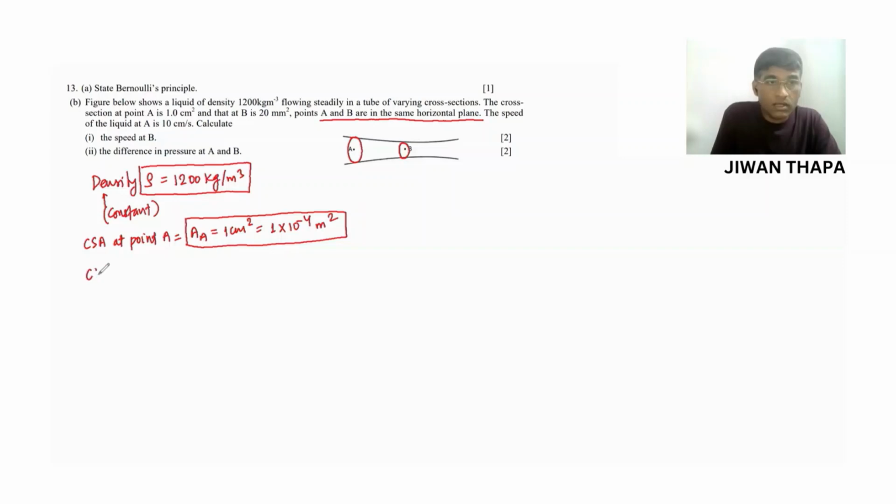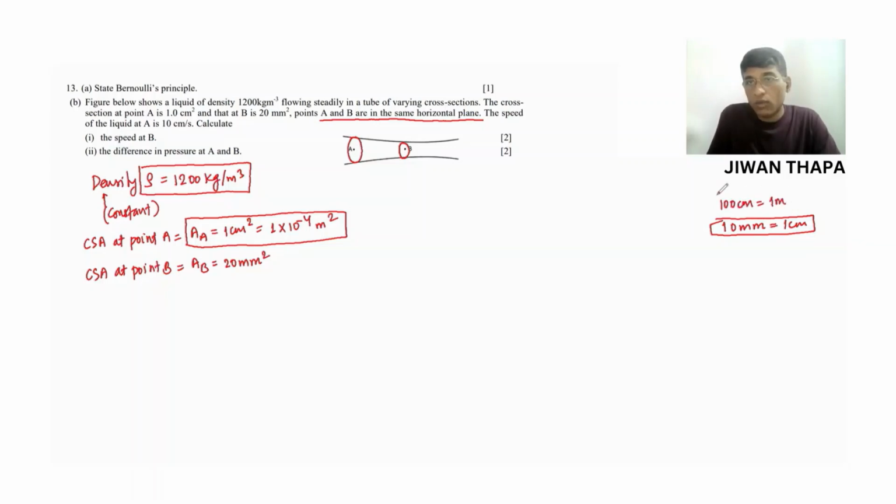And next, cross section at point B, let it be AB, and this is 20 millimeter square, and we use this conversion: 10 mm equals 1 centimeter, and we know 100 centimeter equals 1 meter. Using these two relations, we finally get 20 into 10 to the power minus 6 meter square. So we have this.